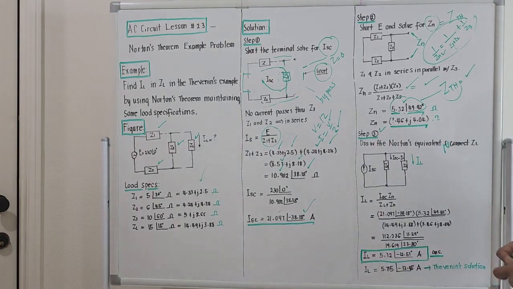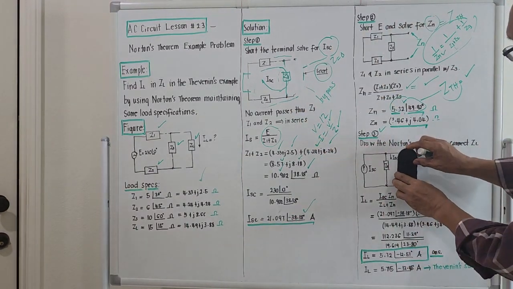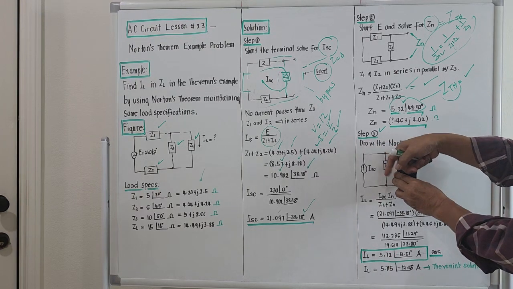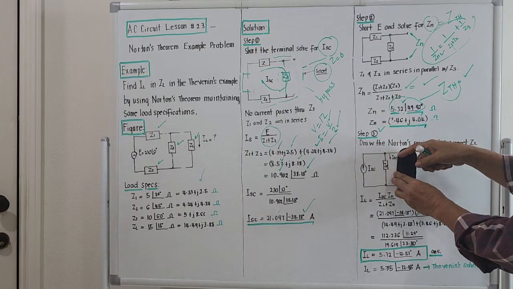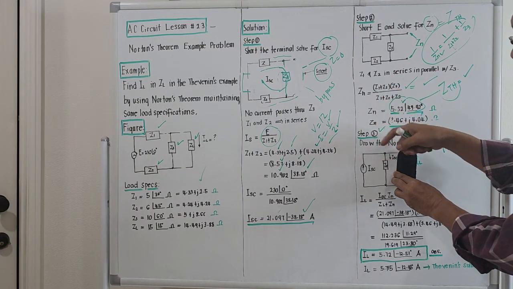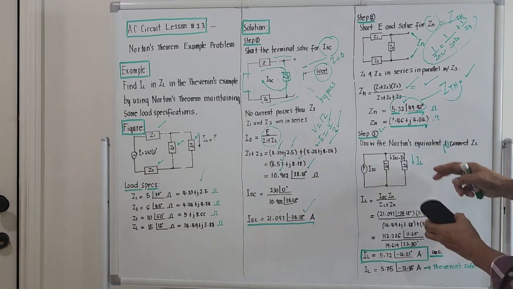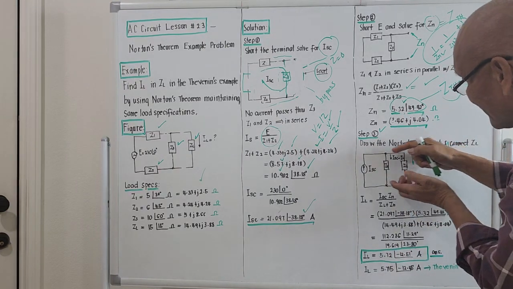So the Norton's equivalent is actually this portion here. The short circuit current is in parallel with C sub n. Under Thevenin's, the open circuit voltage is in series, but under Norton's, the short circuit current is in parallel with C sub n. Then, according to step number 3, we reconnect the load. Okay, we connect it again.